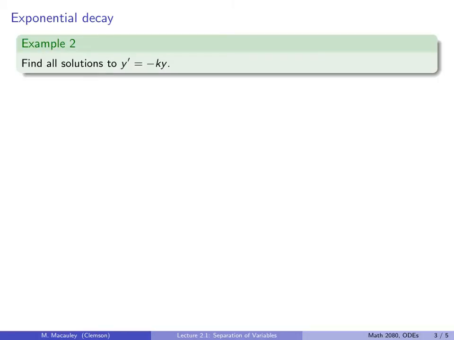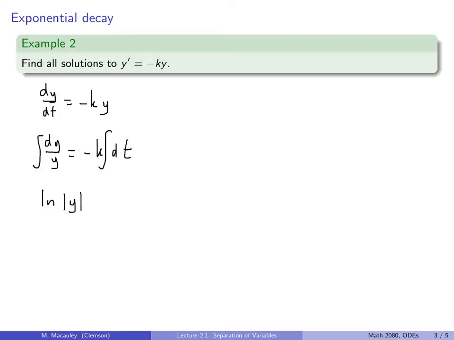So we're going to write this as dy dt equals negative ky, and then we separate variables, and we write this as dy over y equals negative k dt, and then we integrate. I'm going to put the integral there because I can, and this is natural log of the absolute value of y equals negative kt plus c.